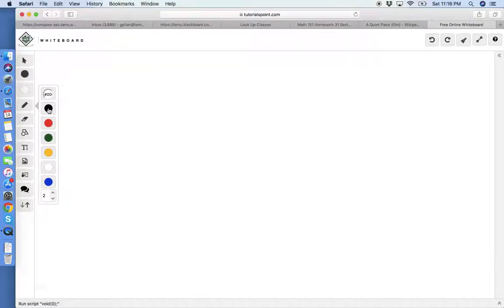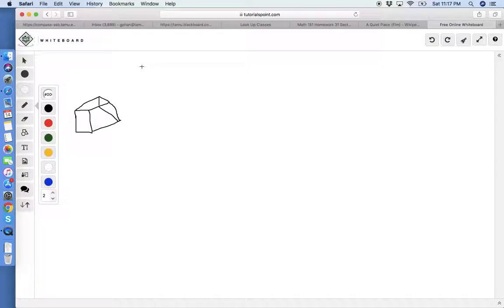Alright, so in any problem, we should start by drawing a picture. So this is the square top. This picture's kind of bad. Okay, so let's define our variables, right?